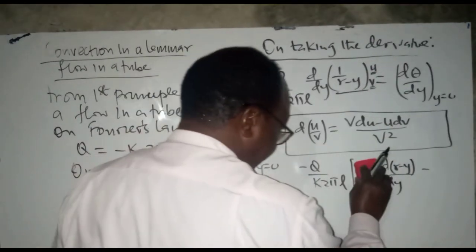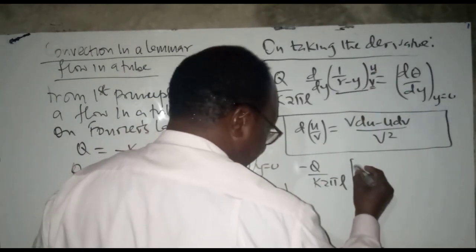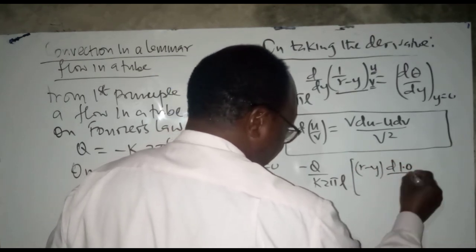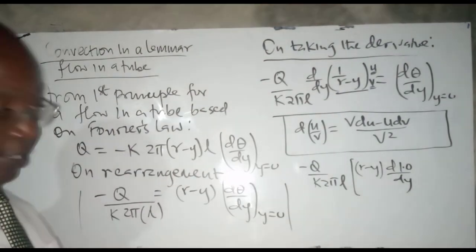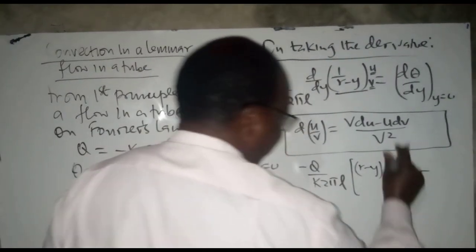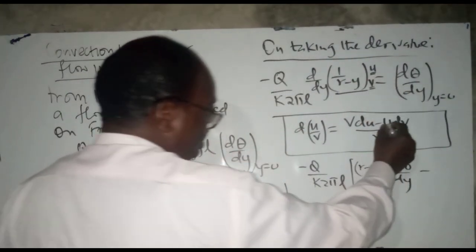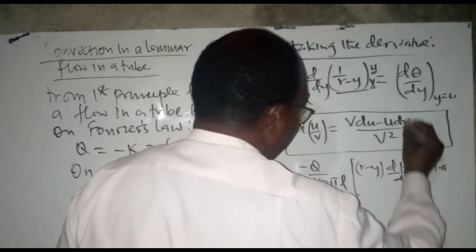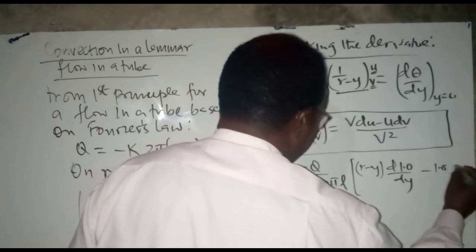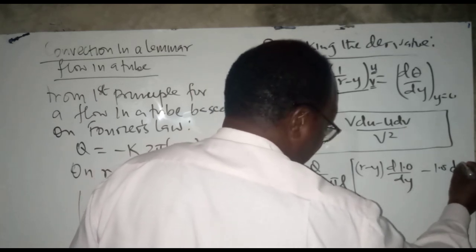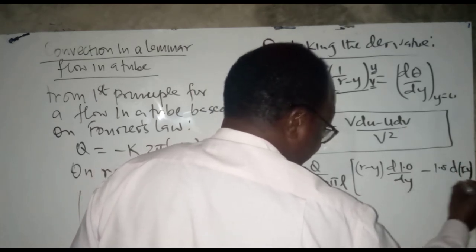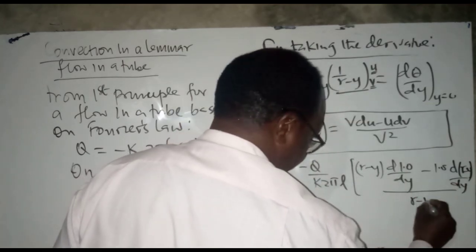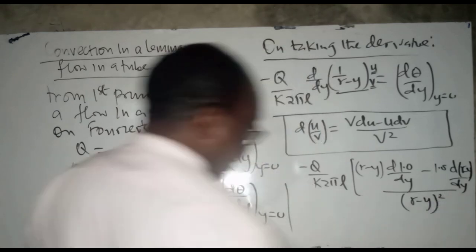Taking that derivative, u is 1, dv is d of (r minus y) dy, minus u. No, we've taken it the other way around. Our v is r minus y, times the derivative of 1 with respect to y, that's a constant of course, minus u, that is 1, times the derivative of v, that is d(r minus y) dy, divided by (r minus y) squared.